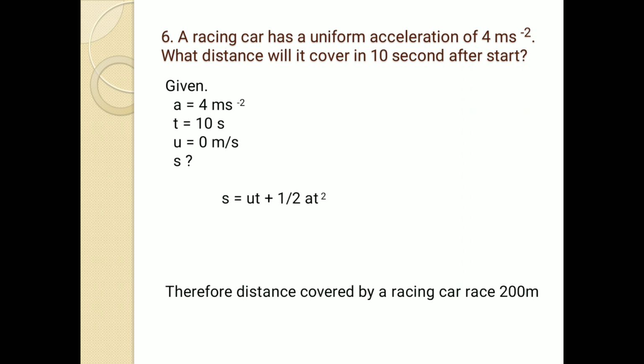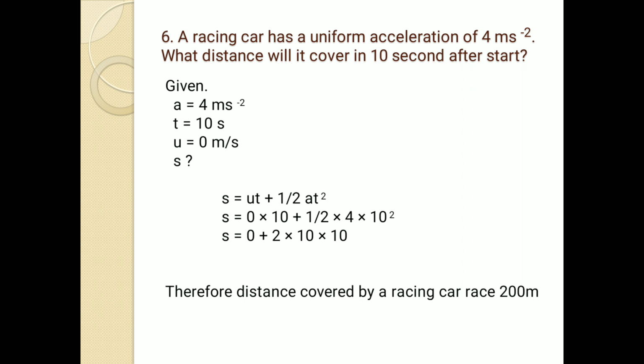S is equal to ut plus half at square. You can substitute all the values. 0 into it because initial velocity is 0. 0 into 10 plus 1 by 2 into 4 into 10 square. So 10 square we can write as 10 into 10, and 0 into 10 is 0 only. So 2 into, we can cancel 1 by 2, right? So 2 twos are 4, and 10 square we can write 10 into 10.